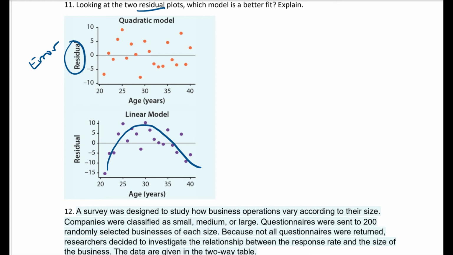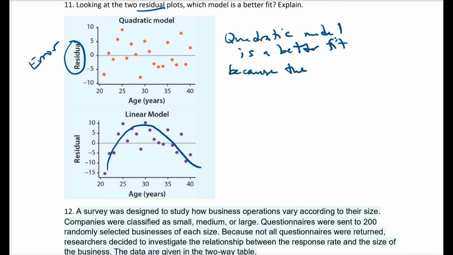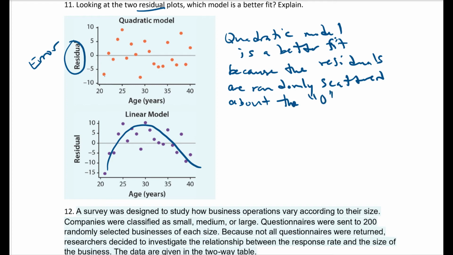Okay, so if you look at the quadratic, it seems to be kind of random. It seems to be kind of scattered, down, up, up, down, up, down. It's randomly scattered, so there doesn't seem to be a trend. So in this case, the quadratic model is a better fit because the residuals are randomly scattered about the zero line.